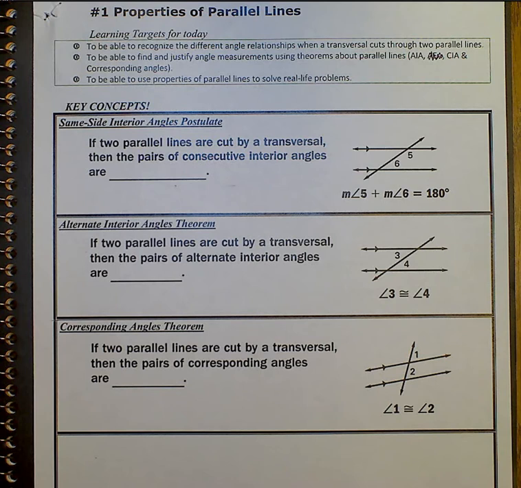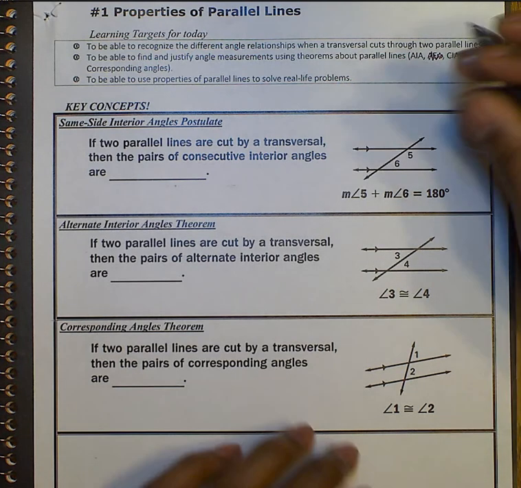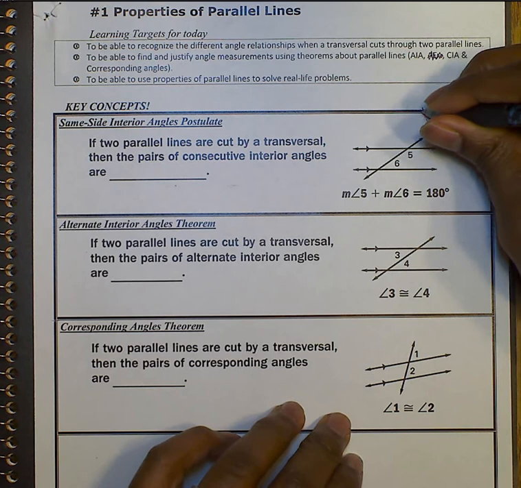First, it probably would be wise to know what a transversal is. Okay, a transversal is a line that intersects two coplanar lines. So in these diagrams, you can see the transversal here. Transversal.